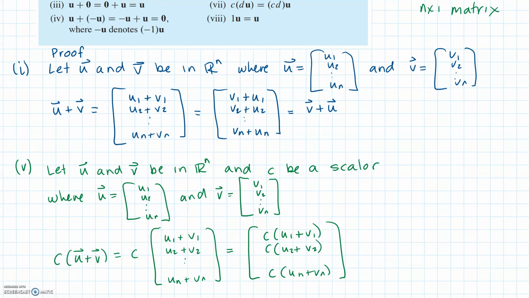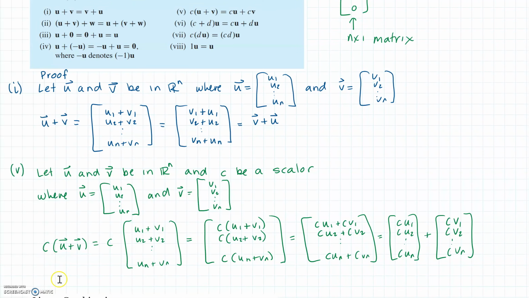Each entry is just a scalar times 2 real numbers, so we know that works. And that looks like the addition of the first matrix (cu1, cu2, all the way to cun) plus (cv1, cv2, all the way to cvn), which, by the way, is just cu plus cv. And we have the right-hand side, cu plus cv. And this can be done with ordered n-tuples as well.